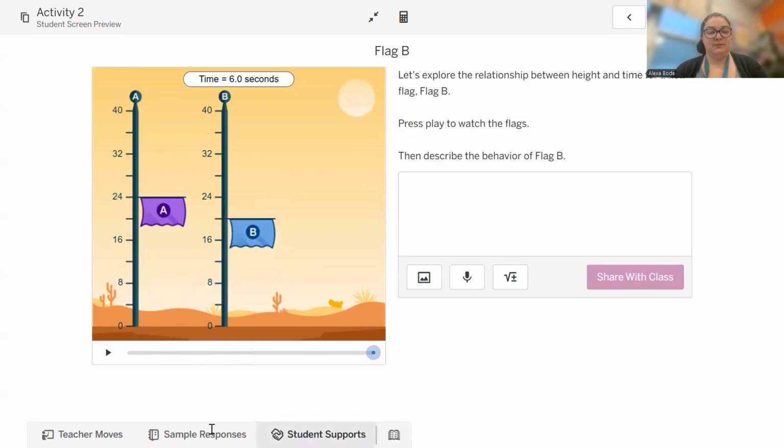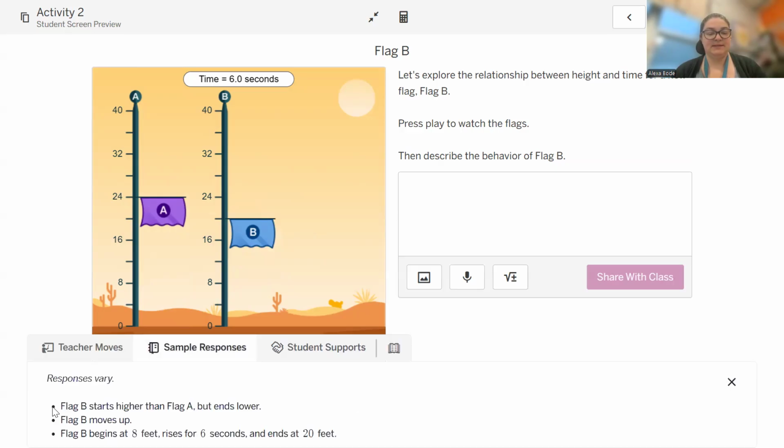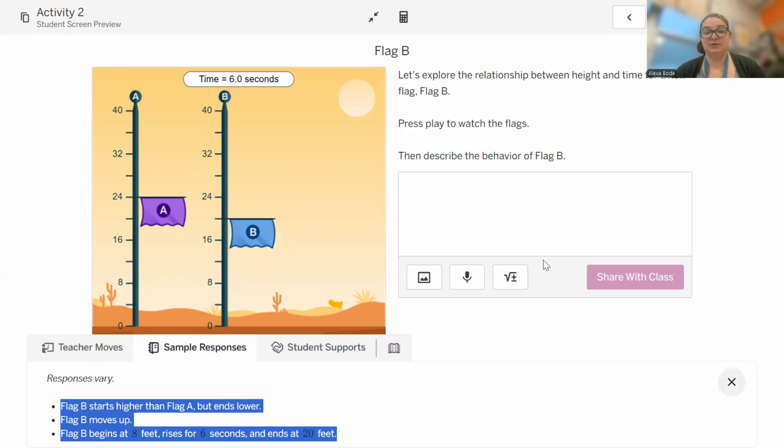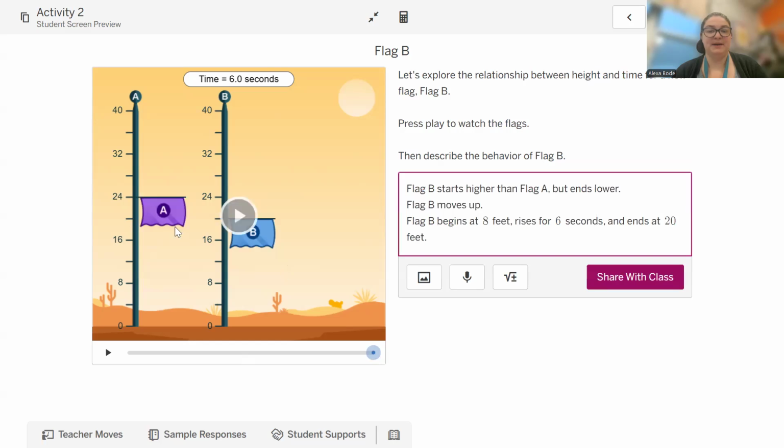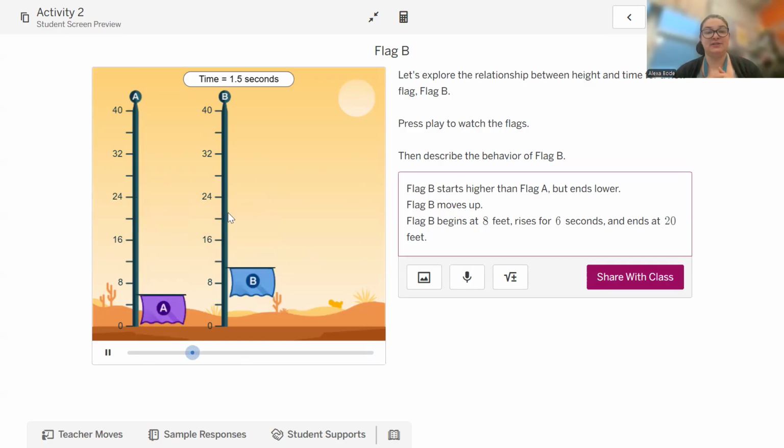Okay. So some sample responses from Desmos include the flag B starts higher than flag A but ends slower. So that's like a basic one. Flag B is moving up, again, very basic. Then flag B, this one's stronger. Flag B begins at 8 feet, rises for 6 seconds.